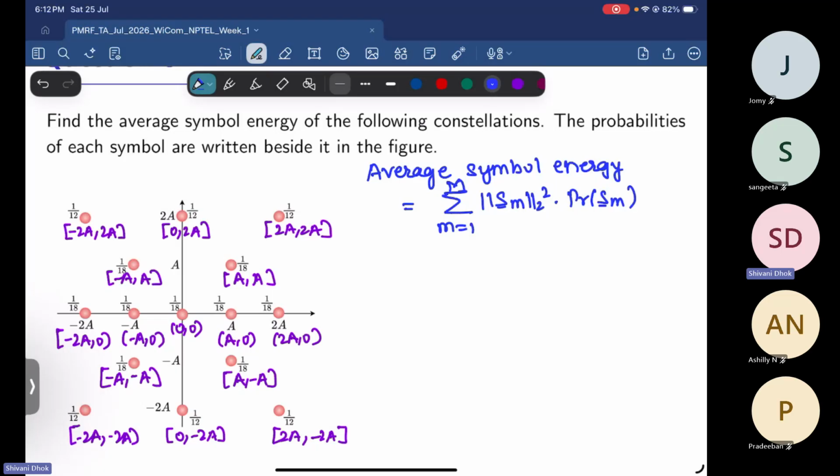So norm of Sm squared is basically, first, just write it down: summation m equal to 1 to capital M, Sm1 squared plus Sm2 squared, into probability of Sm.